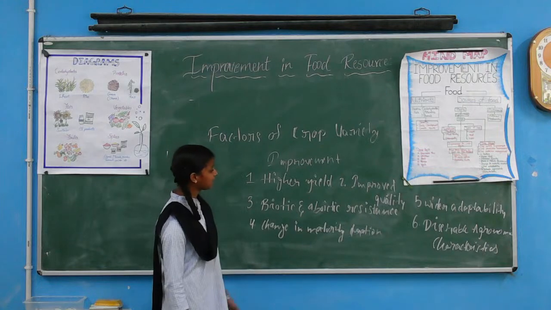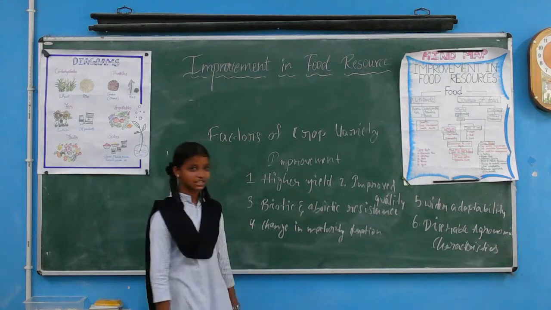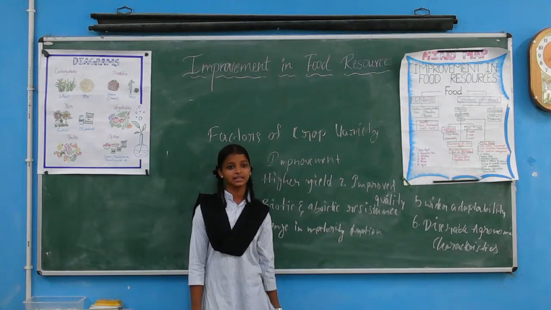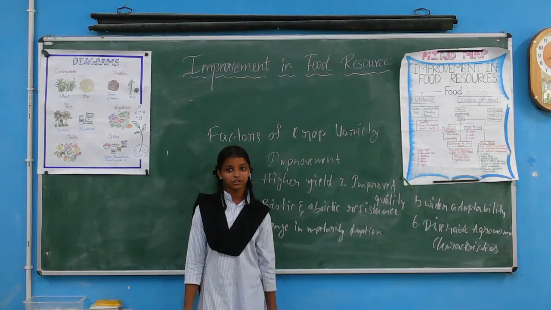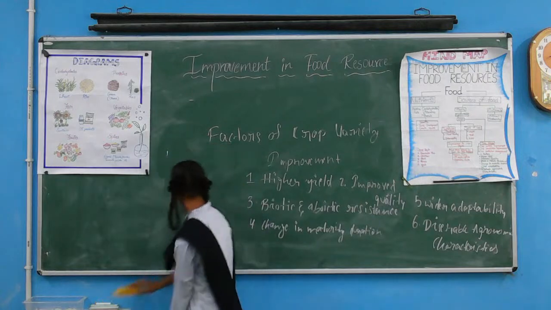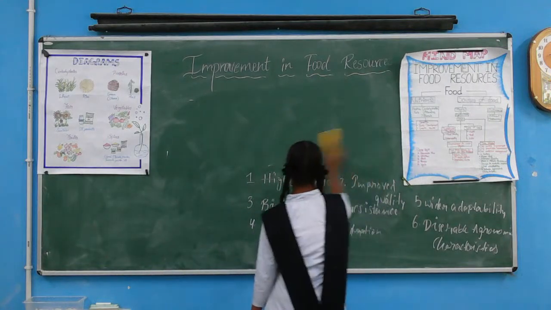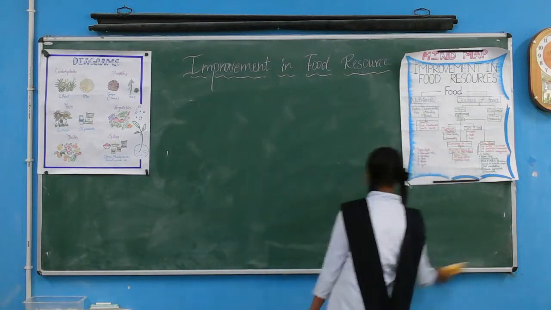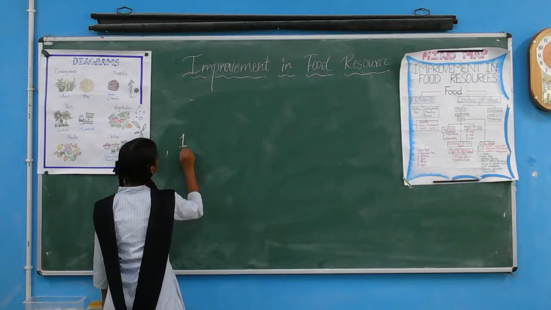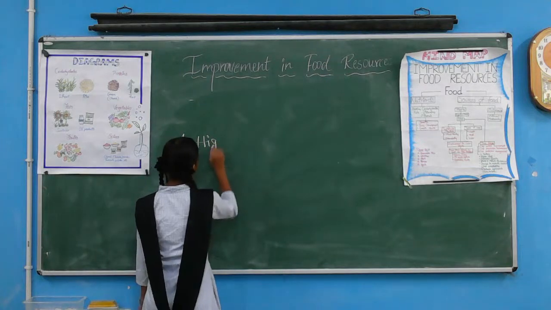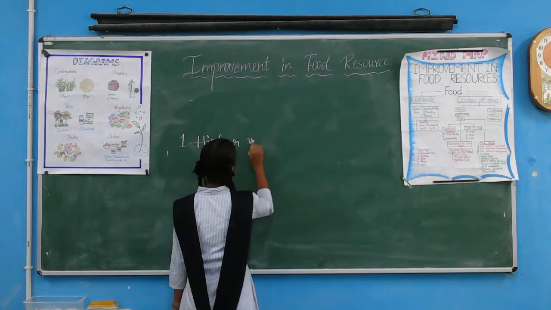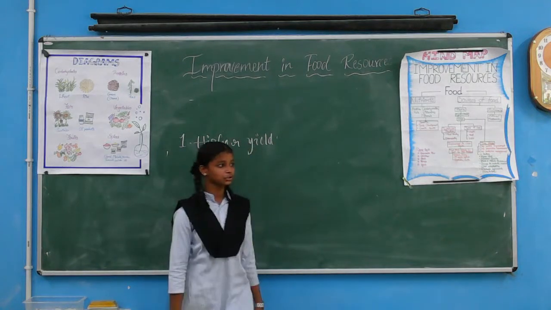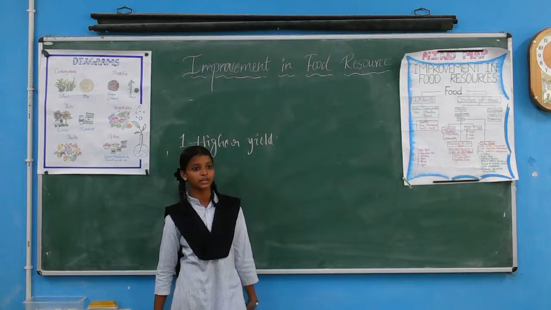Third factor is biotic and abiotic resistance. Fourth factor is change in maturity duration. Fifth factor is wider adaptability. And the sixth factor is desirable agronomic characteristics. Now I am going to explain these factors. Higher yield gives higher production to the crop and increases the crop productivity per acre.